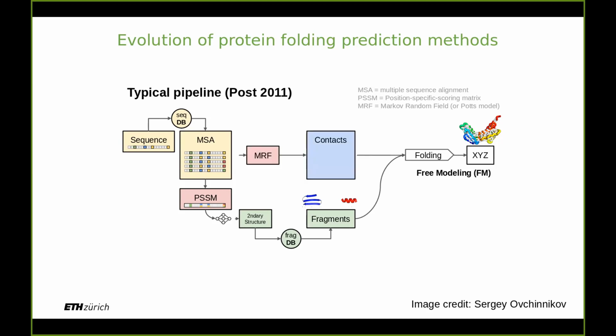And then there were some improvements on this idea, which directly tried to use machine learning methods. I'm not going to go into the details of this, where you would try to predict the three-dimensional contacts, so essentially the residues that would be close together in 3D, directly from the multiple sequence alignment. And that is a very important idea, because it is the idea that developed into the most recent methods.